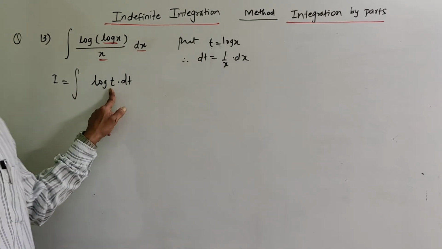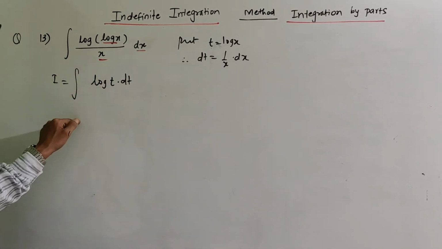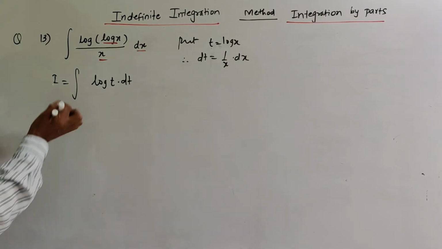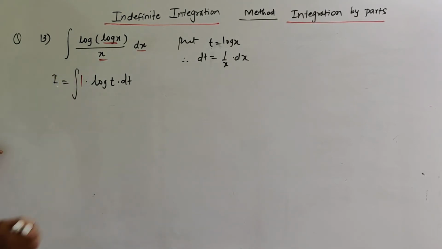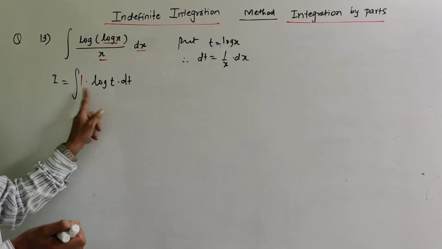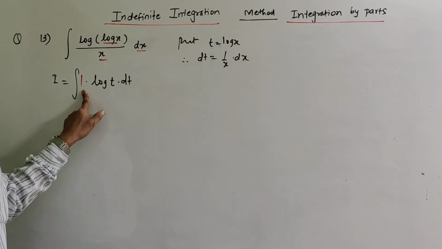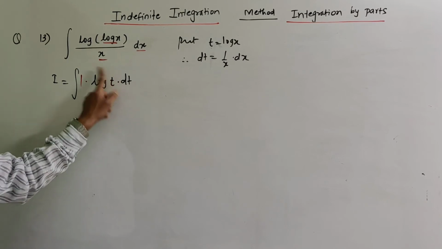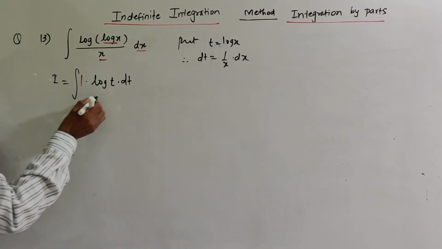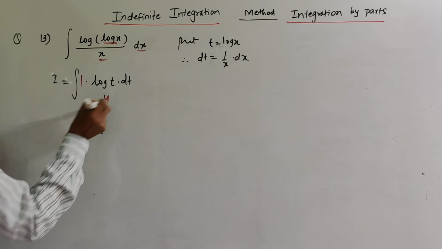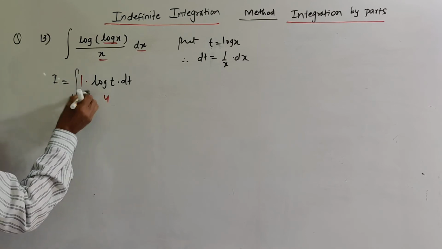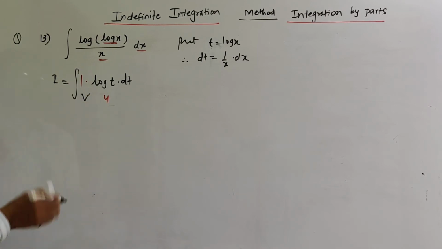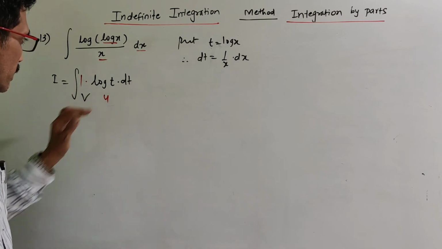Now only one function is there inside the integrand. So to evaluate it, we multiply by 1, and we know the integration of 1 is t with respect to t, and the derivative of this we know. So this we take for differentiation, that is u, and this we take for integration, v, and integrate by parts. Let us now evaluate it by integration by parts.